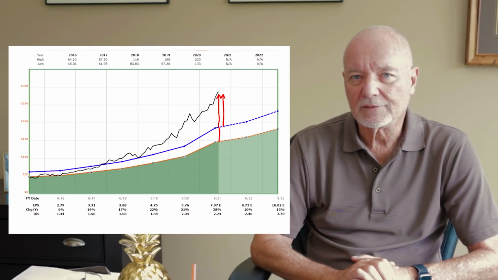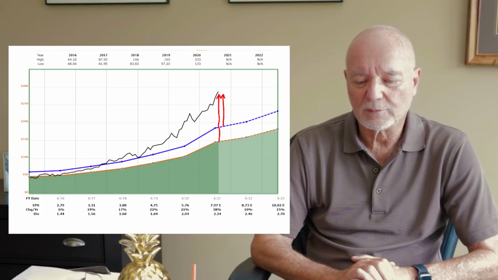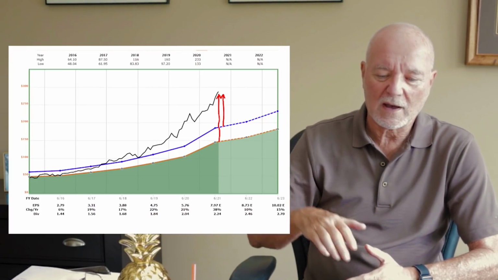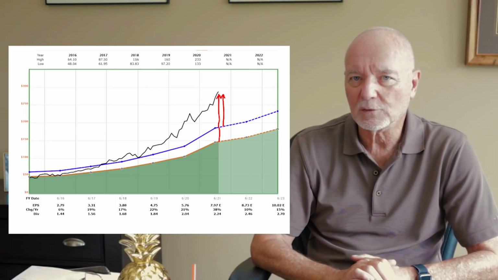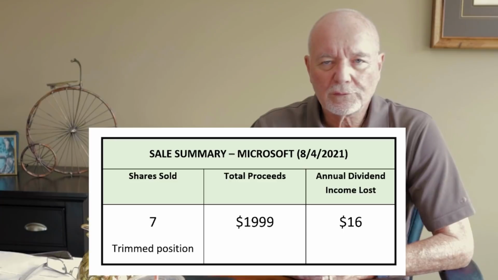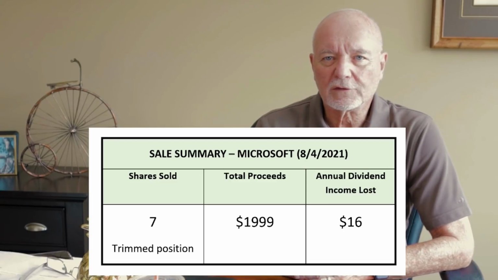The black line is Microsoft's actual price, and I've drawn red arrows up to show how far above the fair value Microsoft's price has risen. So that triggers one of the 3 reasons in my business plan to consider trimming it. Those 3 reasons all apply in Microsoft's case, and so I did decide to trim it.